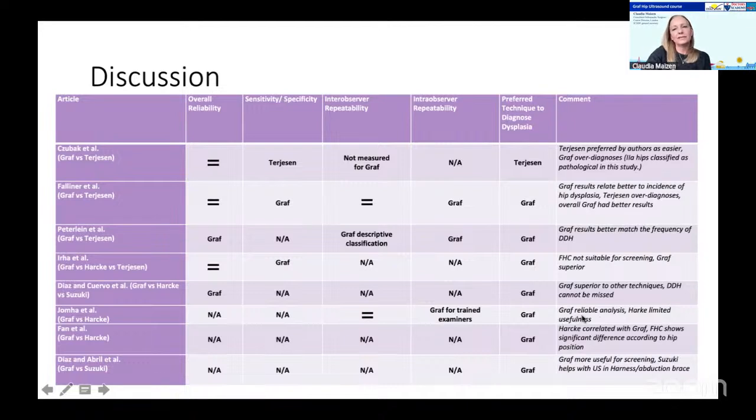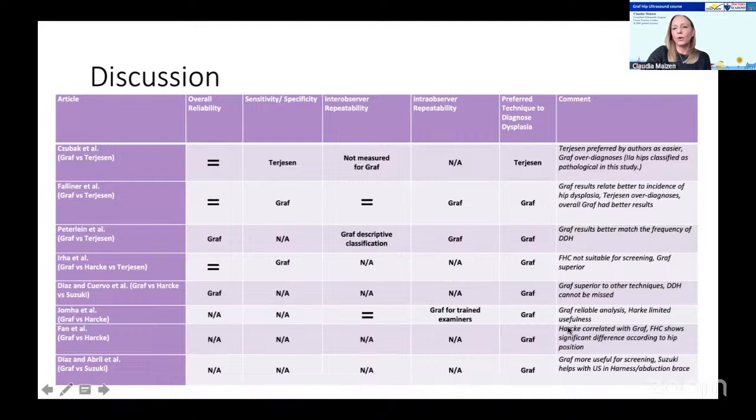Joshua found that Graf was reliable, especially if the examiners were adequately trained for the method, and they found Hake had limited usefulness in their patient cohort.